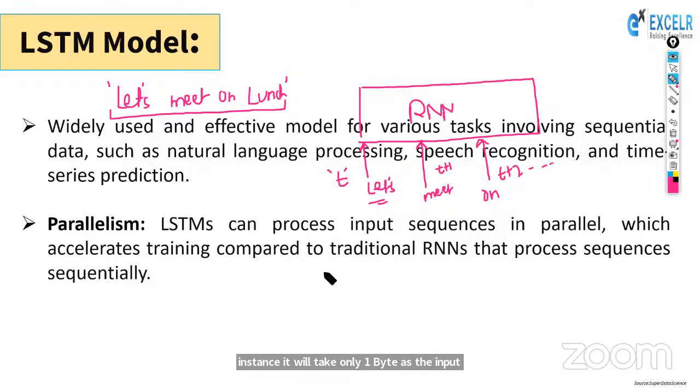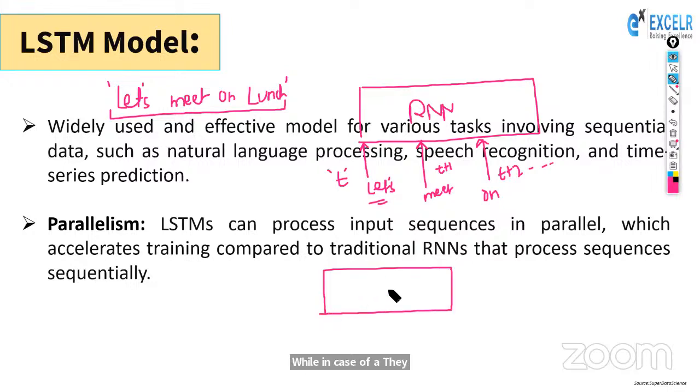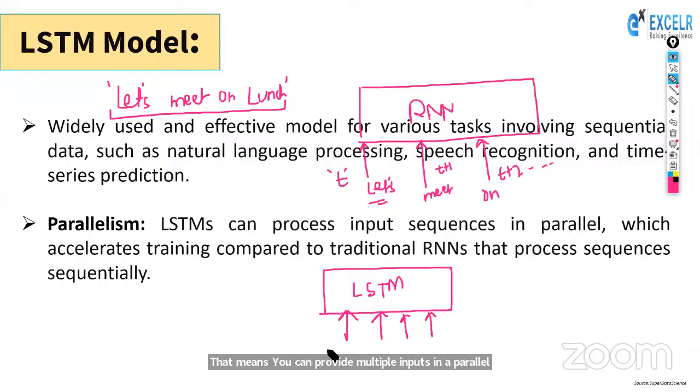While in the case of an LSTM, you can provide all the words as the input at one time instance only. That means you can provide multiple inputs in parallel. So at a time instance t only, you can provide let's meet on lunch.